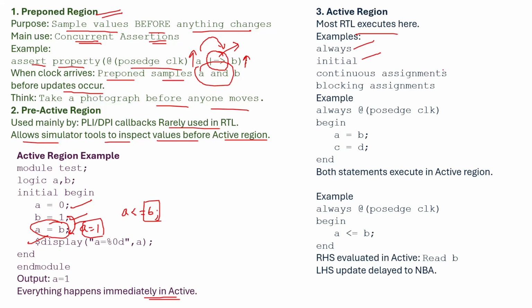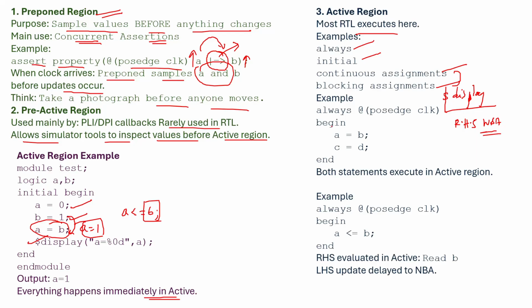Always blocks, initial blocks, continuous assignments, and blocking assignments, and $display statements are also executed here only, and then the RHS of the NBA values, that means non-blocking assignments.